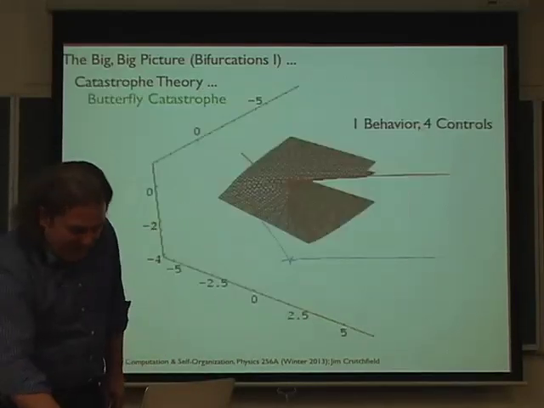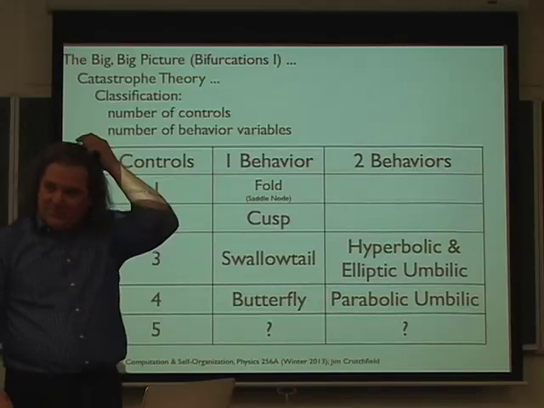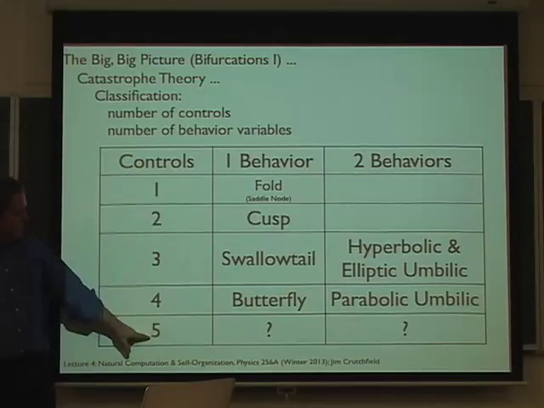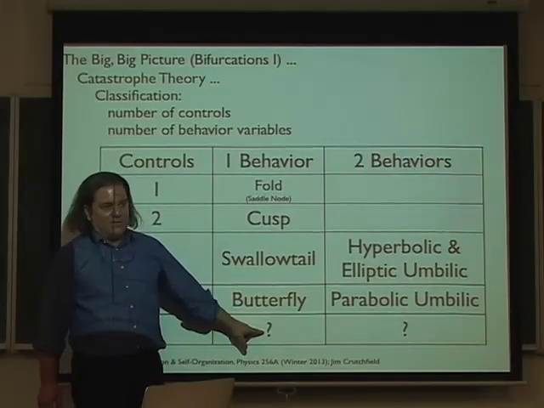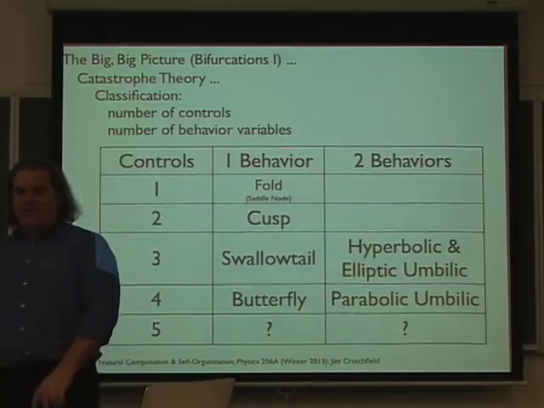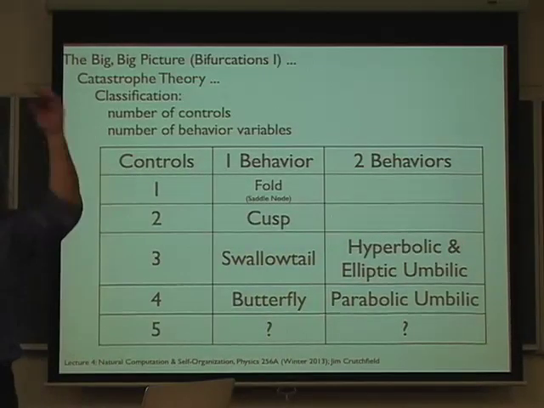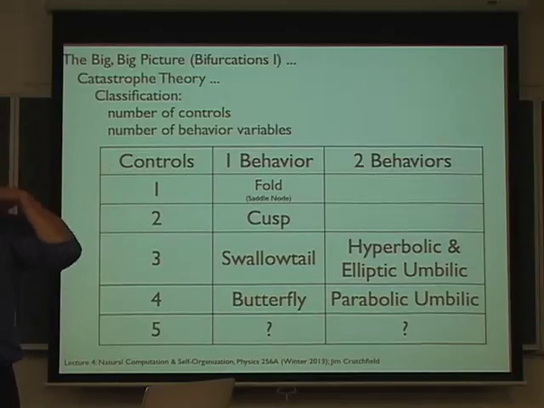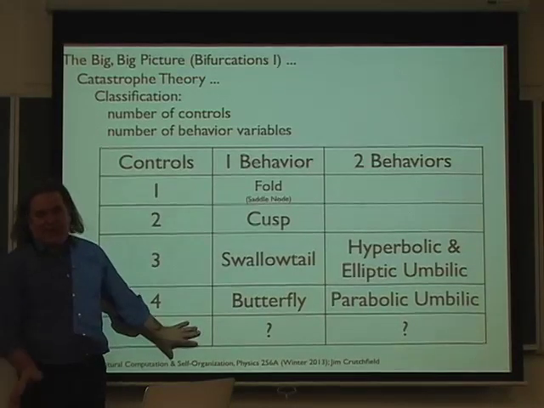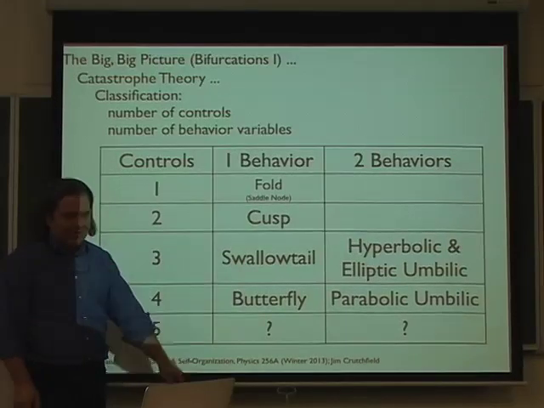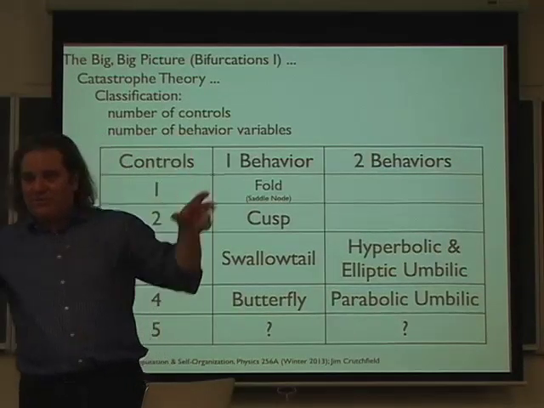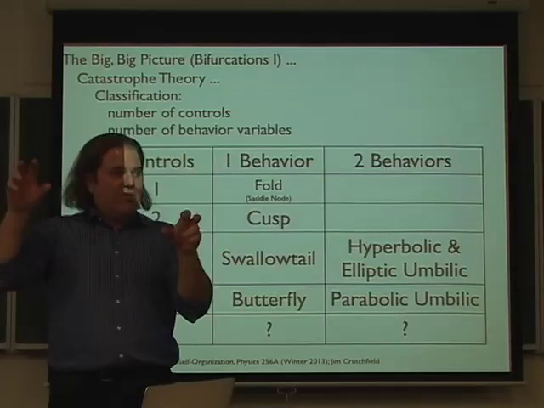Now the interesting thing about this classification scheme, notice down here, 5 controls, even in a 1-dimensional system, and by implication 2-dimensional systems, you can show there is no finite classification. What that means is that for these systems, in the generic case, this is done in topological generality, as you're varying, okay, I have 4 appendages, so 4 controls, and someone else is twiddling another knob in the experiment.